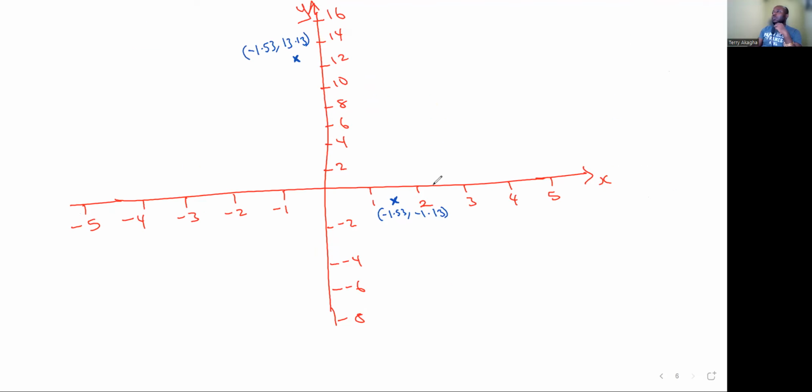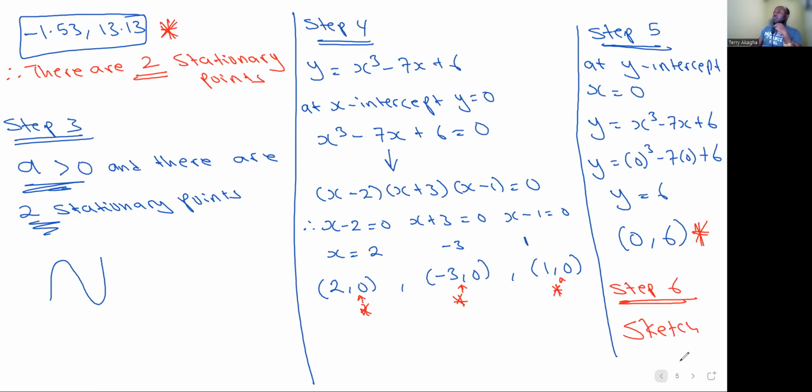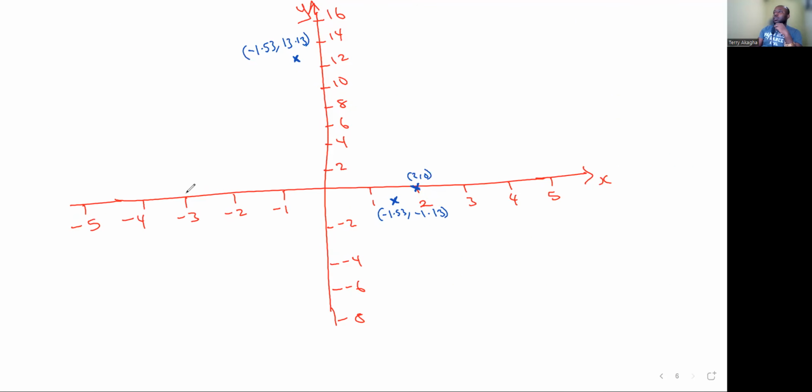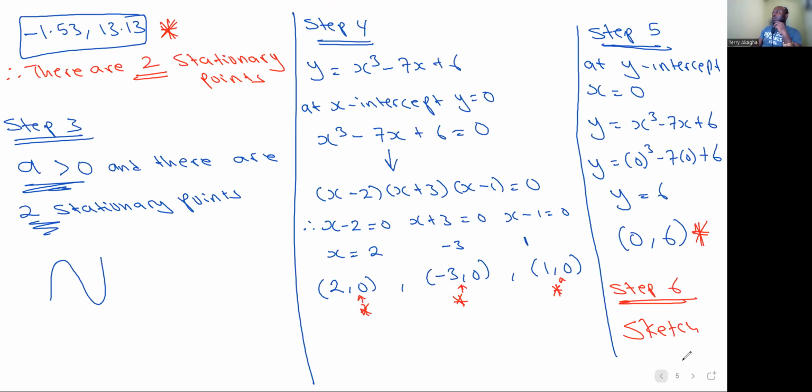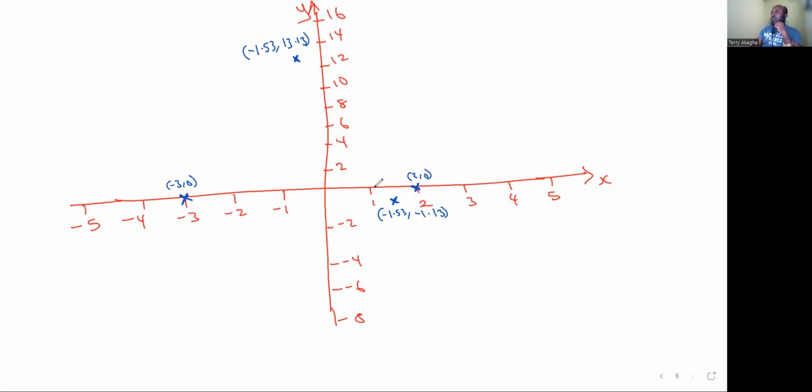So 2, 0 is here. And the next one was minus 3, 0, so minus 3, 0 is going to be here. Then the next one we had was 1, 0. So 1, 0 is here. So x is 1, y is 0.